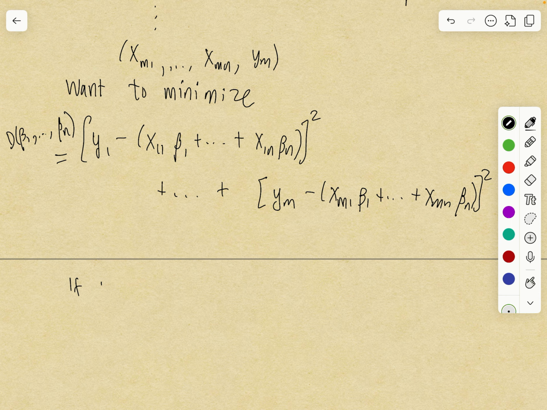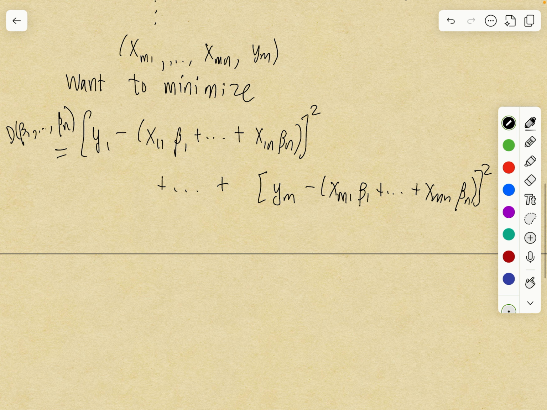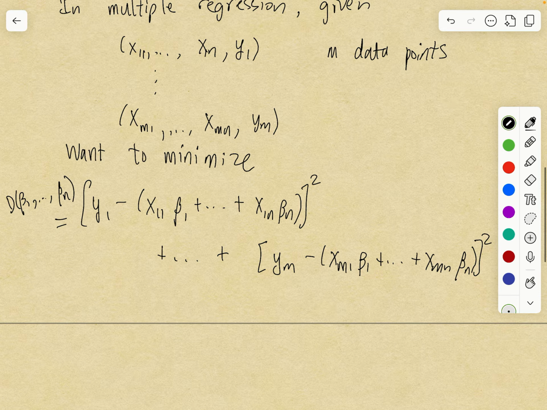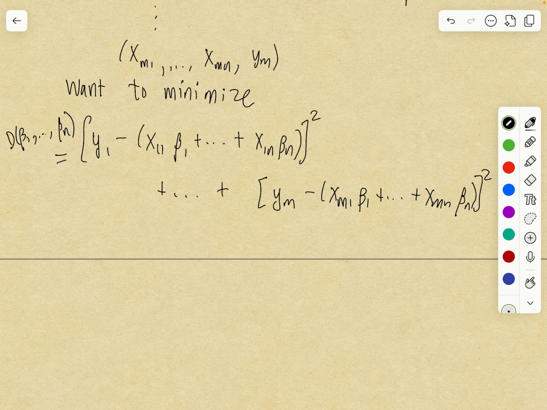All right, so this is a function of n variables, and before we go on, I should say, well, what about the intercept? The intercept you can just take to be beta 1, and then you can set your x11, x21 all the way to xm1 equal to 1.